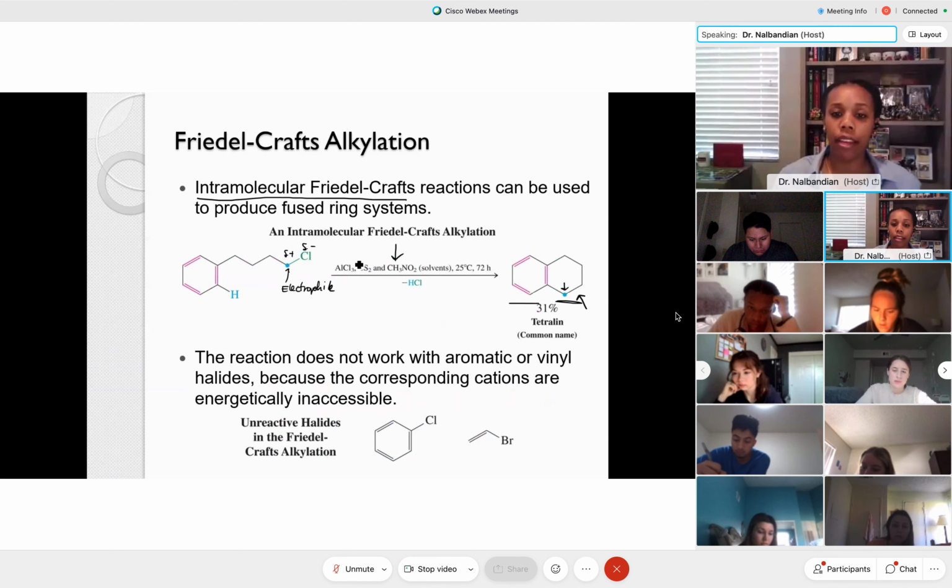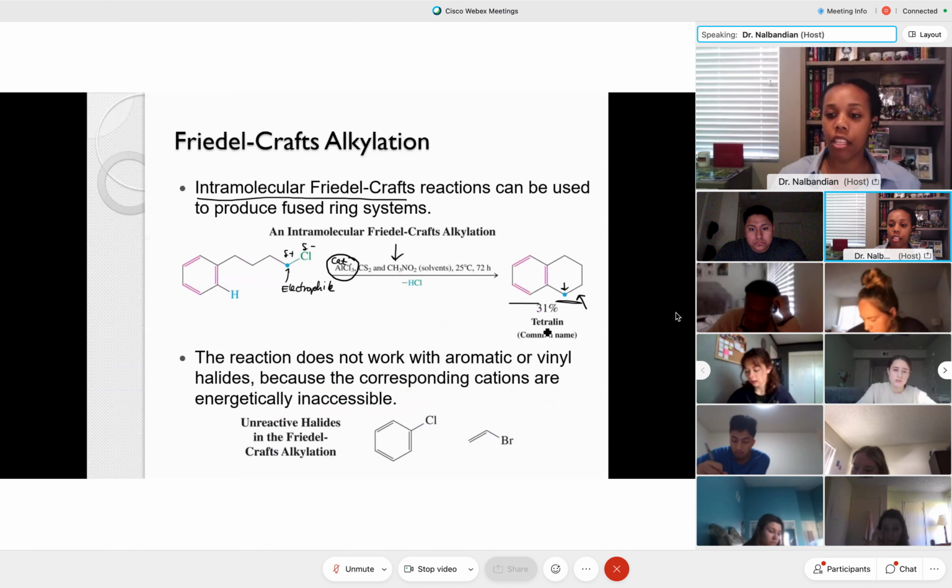But just note that it has what we know, which is catalytic aluminum chloride here. And then we make this product called tetralin. So for this reaction, we can use any kind of haloalkane, but we can't use aromatic or vinyl halides. So we can't have our halogen attached to another benzene ring.